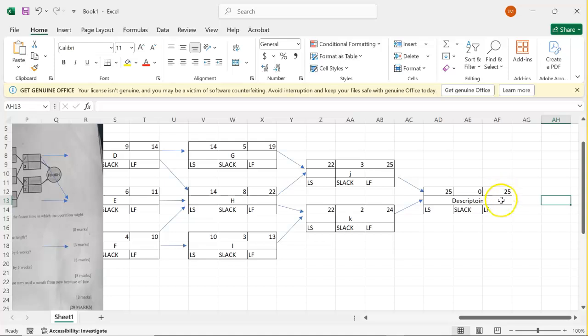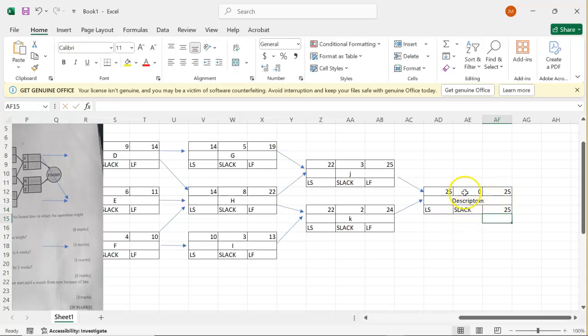To be the latest finish. Then we start calculating going back, and I'll demonstrate how we calculate when going back for the project. So it means that the time completion the project will take is 25 weeks. So we have 25 there.